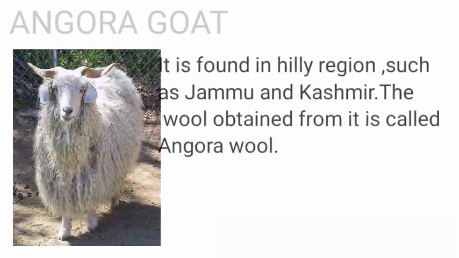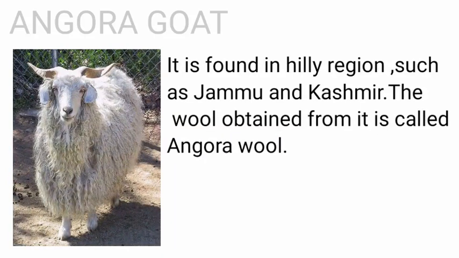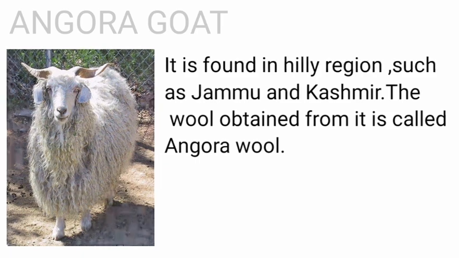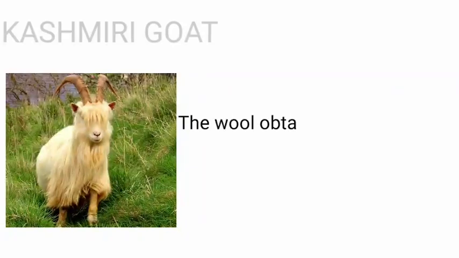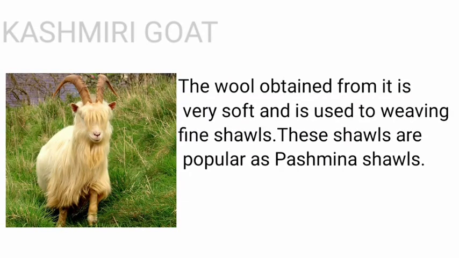It is found in hilly regions such as Jammu and Kashmir. The wool obtained from Angora goat is called Angora wool. Kashmiri goat. The wool obtained from it is very soft and is used for weaving fine shawls. These shawls are popular as Pashmina shawls.